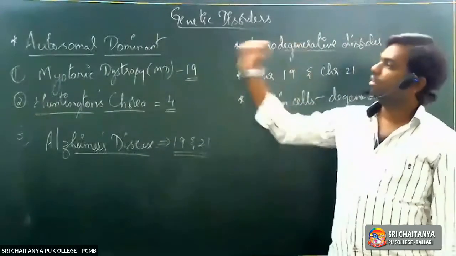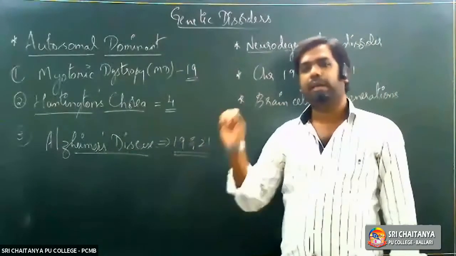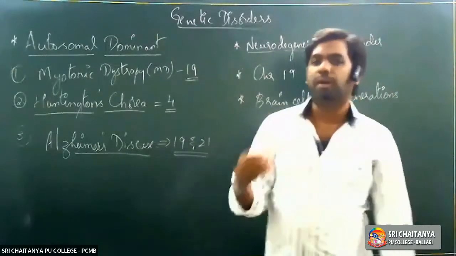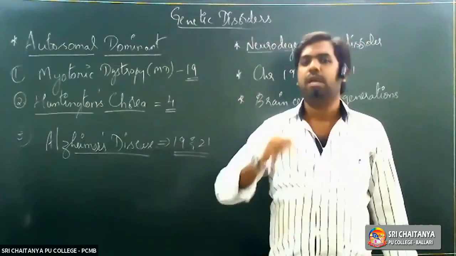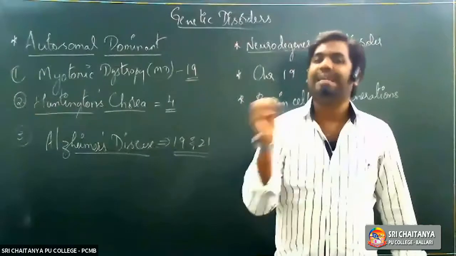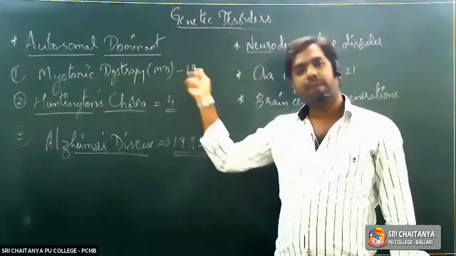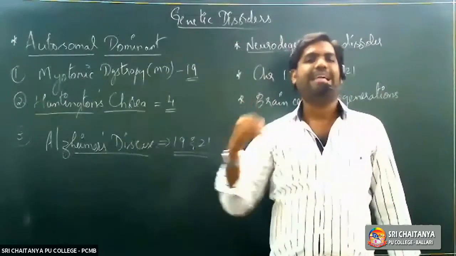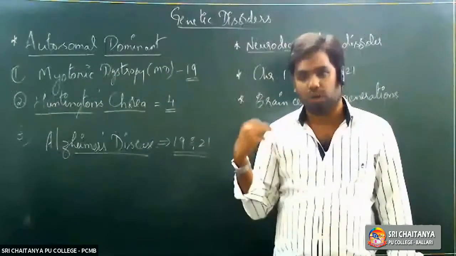So what did we see in case of myotonic dystrophy? Myotonic dystrophy is caused due to mutation in a gene that codes for a protein called myotonic dystrophin protein kinase, which is located on chromosome number 19. Because of that dominant mutation, this protein kinase is not formed.